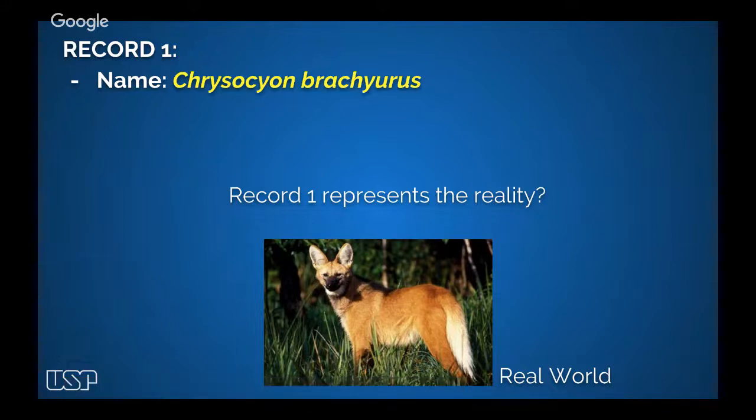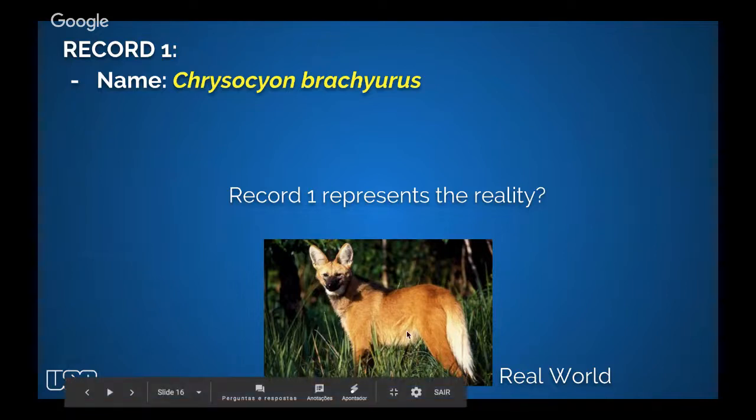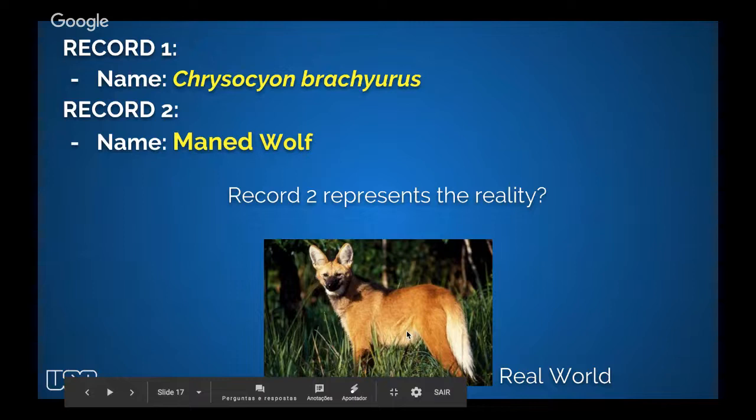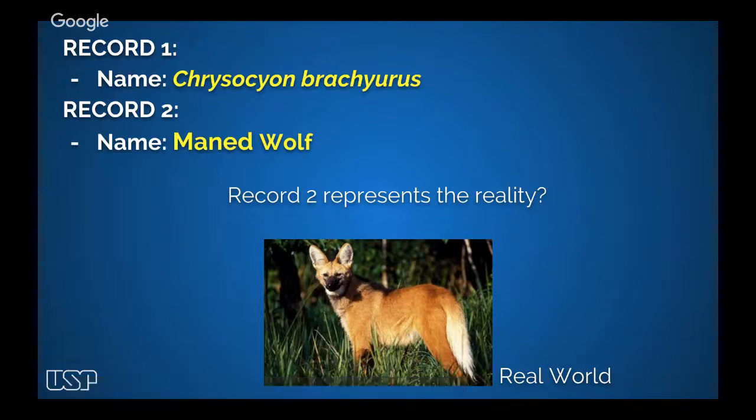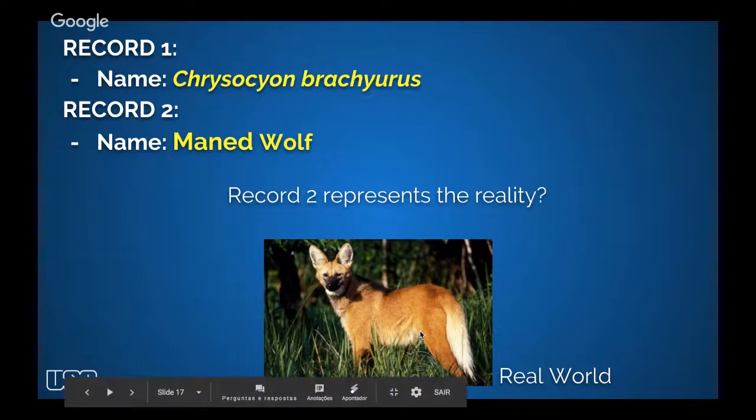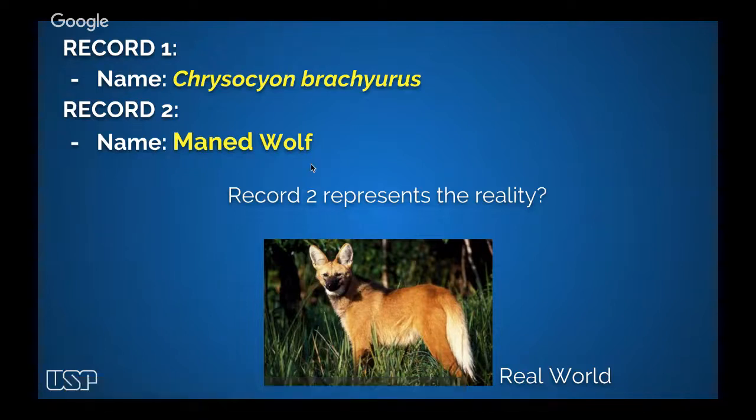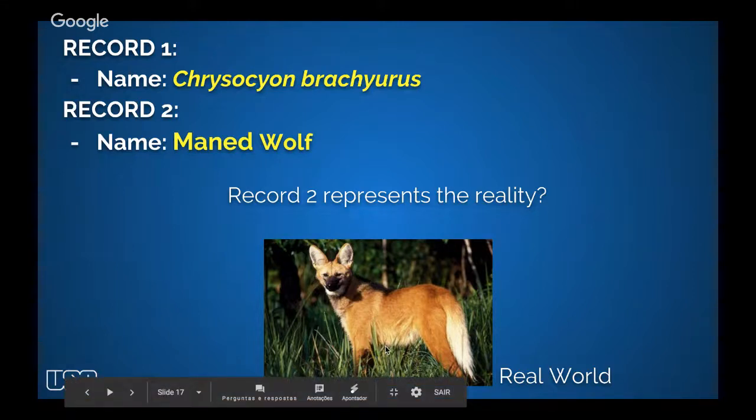I would say yes, because this is the correct scientific name of this wolf. But let's say we have another representation. This is another record representing the same reality, but the name is maned wolf. So does this second record represent the reality? I think it represents well too, because this is actually a wolf.